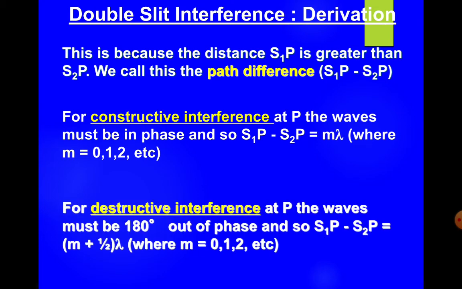For destructive interference, the waves must be 180 degrees out of phase, so S1P minus S2P is (m plus a half) lambda, wherein m is again a whole number.